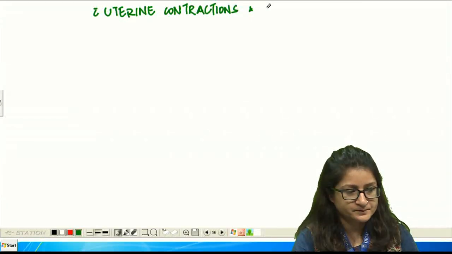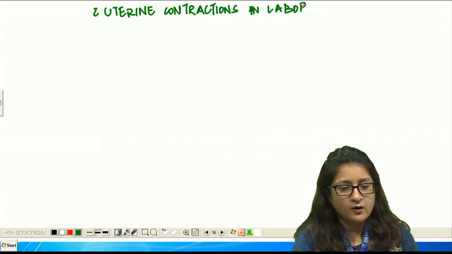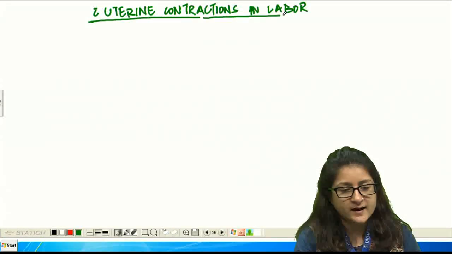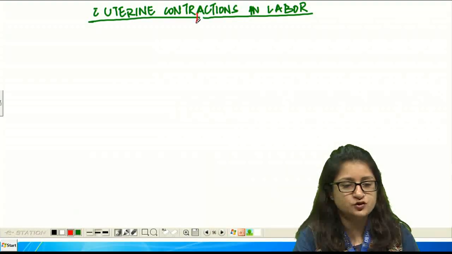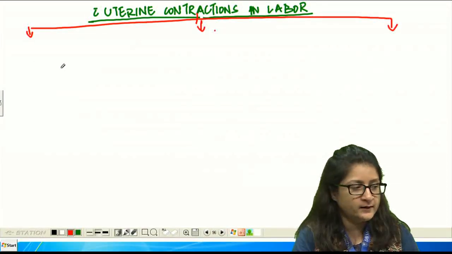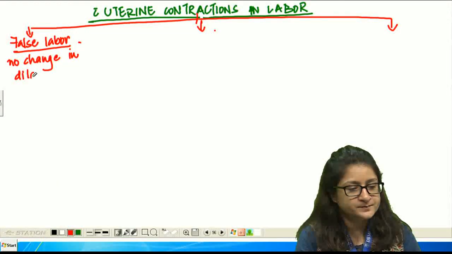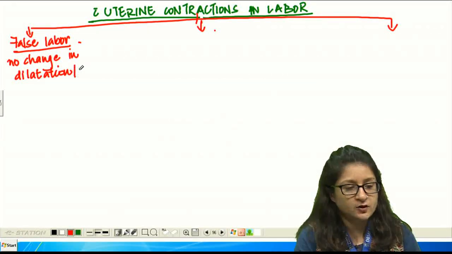Now what is important for you to understand first is what is true labor and what is false labor, right? So she could be in false labor. False labor would be where there will be no change in dilatation, right? No change in dilatation or effacement.